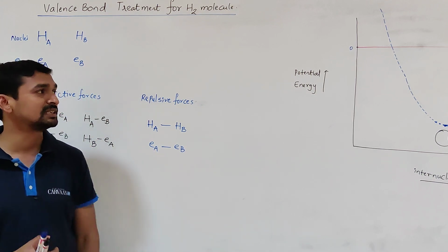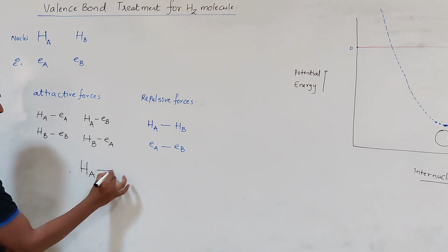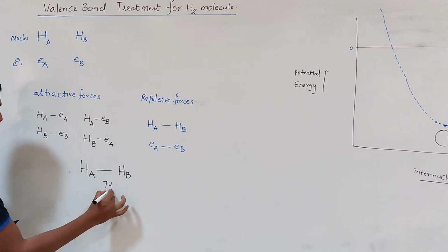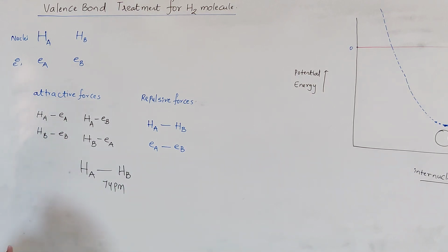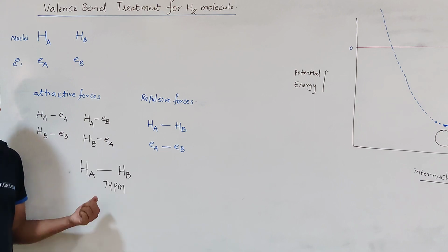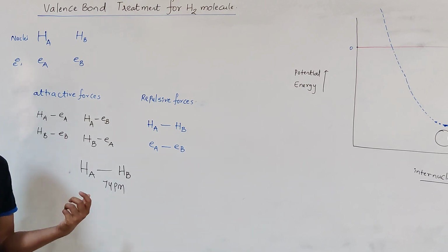That distance between hydrogen atoms Ha and Hb, as we wrote in the earlier example while discussing the limitation, is 74 picometers. At 74 picometers, the attractive forces become equal to the repulsive forces. As a result, the two hydrogen atoms are bonded together.